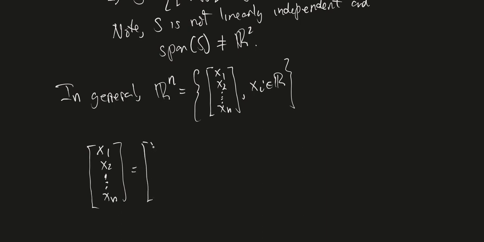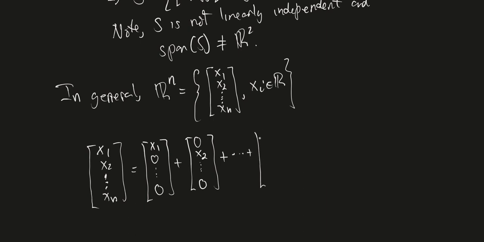So let's take x1 in the first component and then put zeros in the remaining components, and then 0 in the first, and then x2 in the second, and then 0 in the rest, and then plus dot dot dot plus 0 0 dot dot dot xn, right?